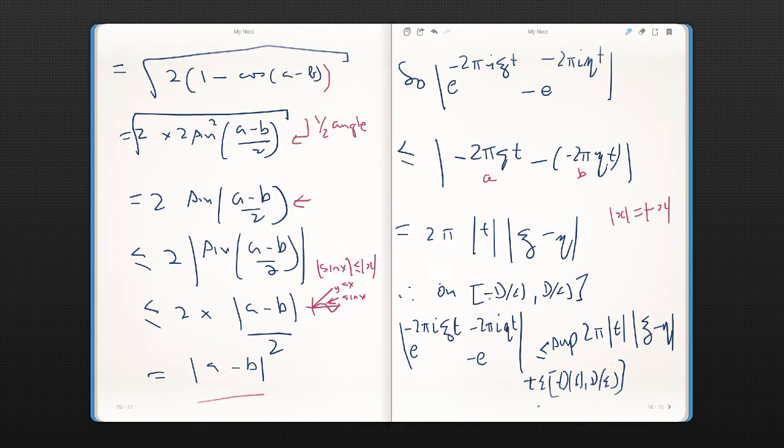So what we've found is that the exponential term is bounded by this, or the supremum of that over this interval.